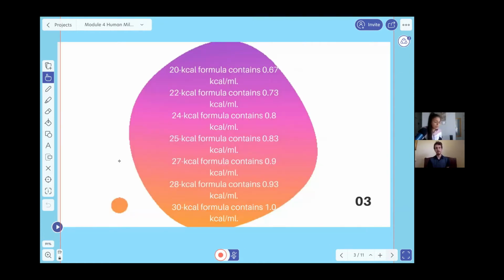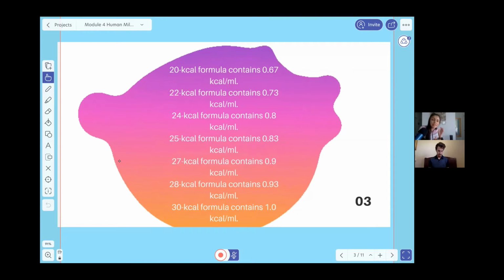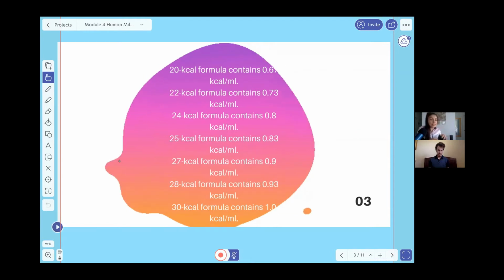Okay, so here we have this almost like a little mini Bible for us to keep, and this is provided by the actual normative data, and it's something that you guys will definitely keep handy when using your conversion. So this can actually help you whenever you have, say, a 20 kcal formula.